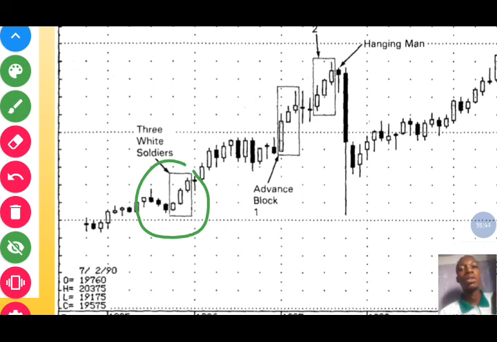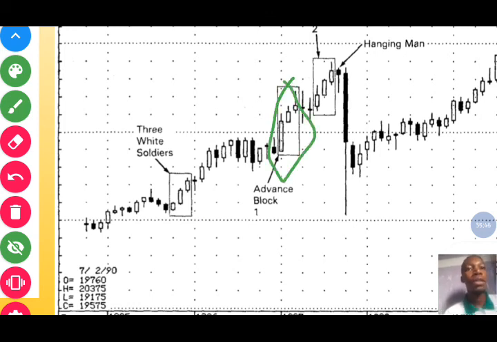We saw the same kind of pattern here, but check out the candlestick. Can you see what the candlestick looks like? The first one is strong, the second one is not that strong, and the third one is very, very small. Don't trade that type of pattern, and you can see that it is not at a support. It is almost getting to a resistance.